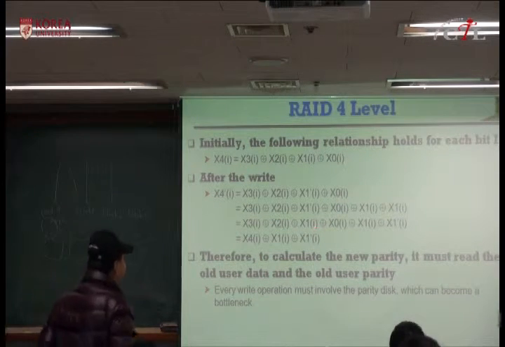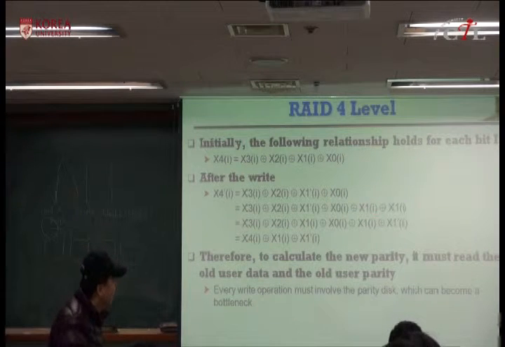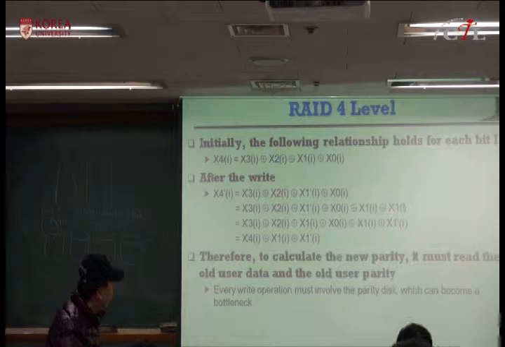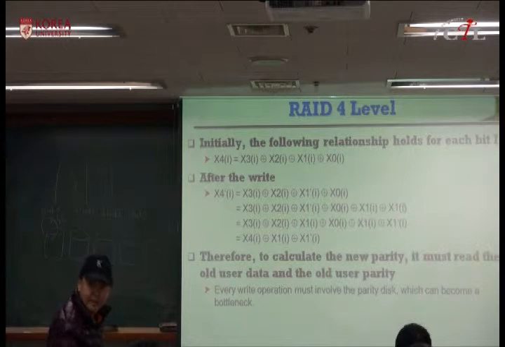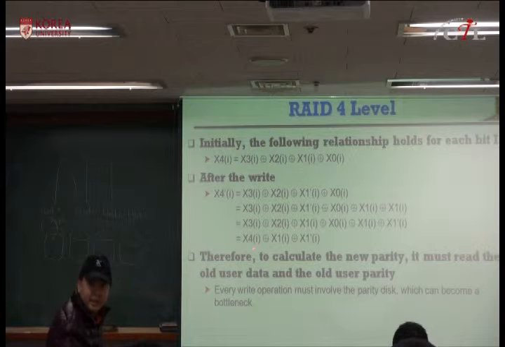Okay. So you do this, you add this X1 of I and X1 of I, and then you move this X1 of I here and move X1 dash of I here. It should be the same. And if you look at this computation, this should be the same as X4 of I, right?